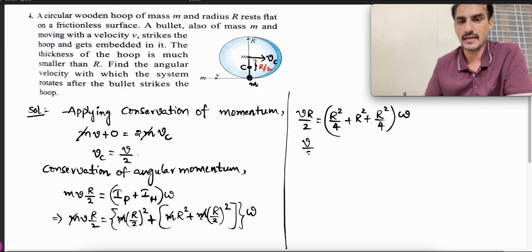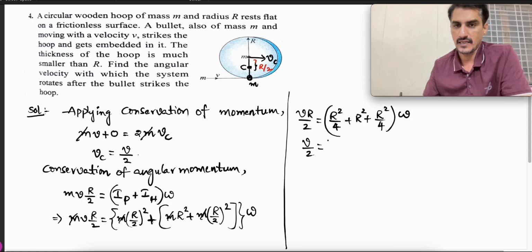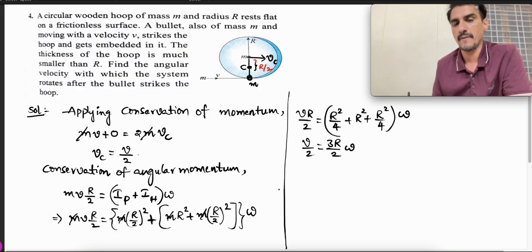Therefore, now I can write v by 2 is equal to r by 4 plus r by 4, r by 2, r by 2 plus r. R by 2 plus r is what? 3r by 2. Am I right? 3r by 2 into omega. Therefore, 2 and 2 gets cancelled. Therefore, angular velocity omega is equal to v by 3r. That's it.